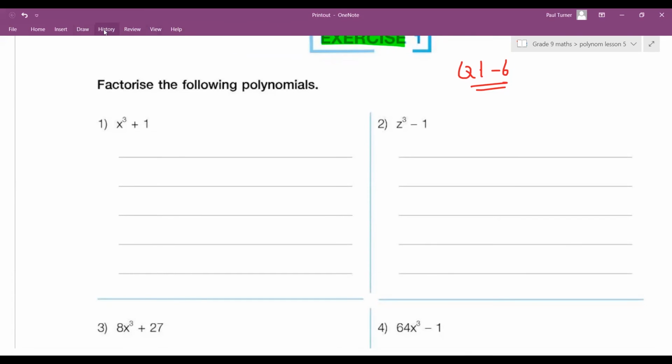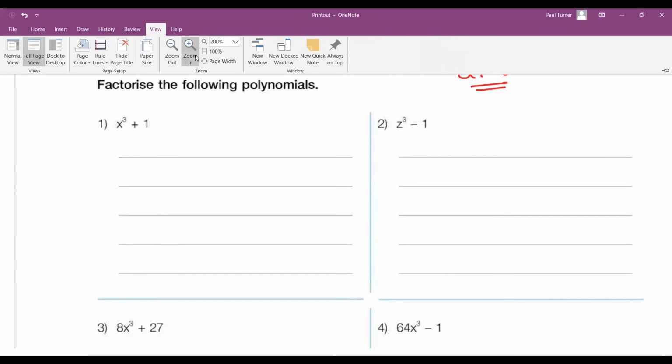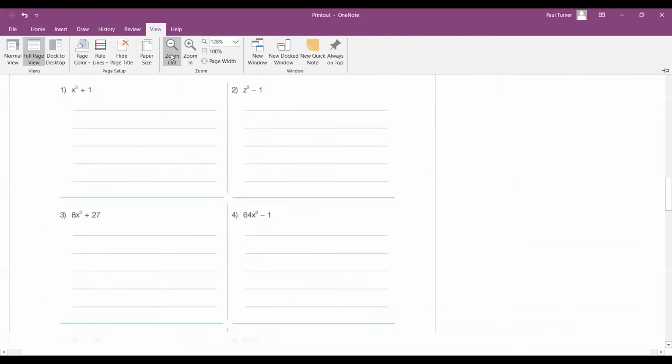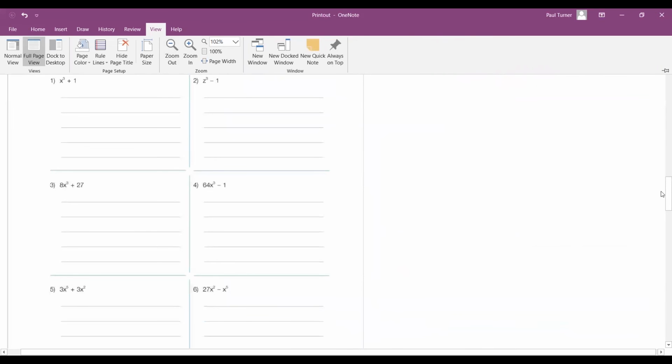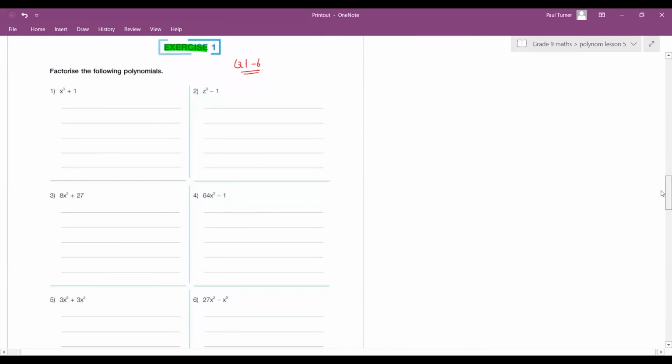I'll zoom it down so you can see all the questions there. You can read all of those, right? Okay, so just for now, do these 6 questions and I'll wait a little while and then we'll see about some answers.